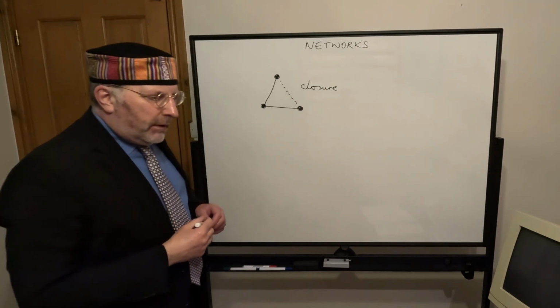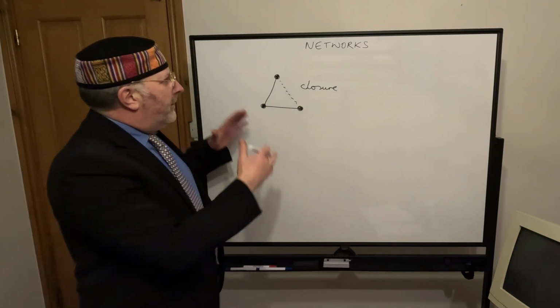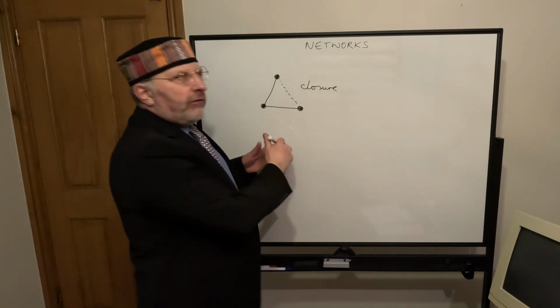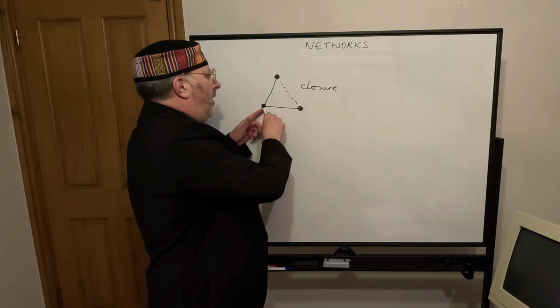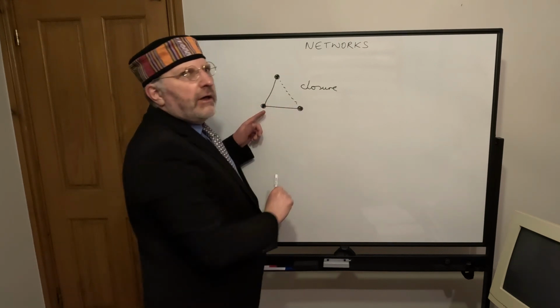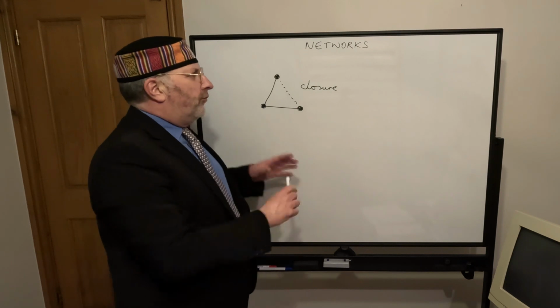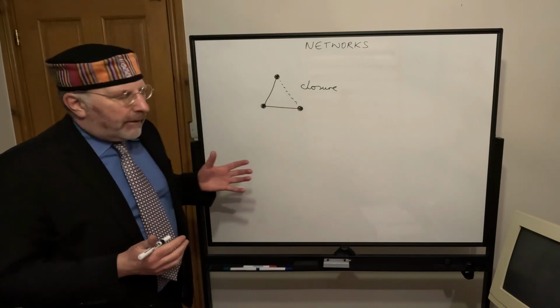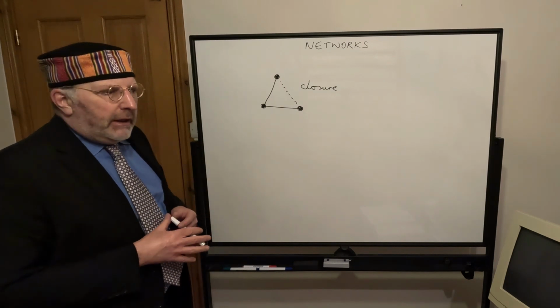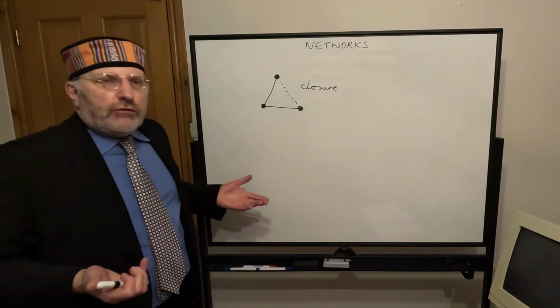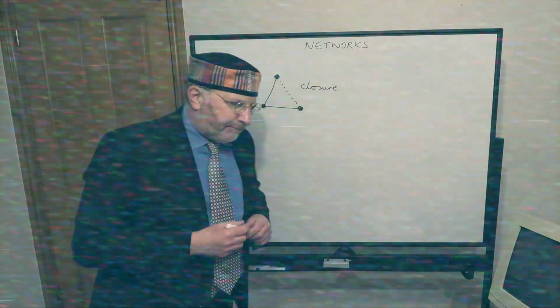The more that closure is the case, the more that if two nodes are connected to a particular node, then they are also connected to each other. The more that that is true, the better connected the network. So counting the triads in a network is a way of measuring its connectedness.